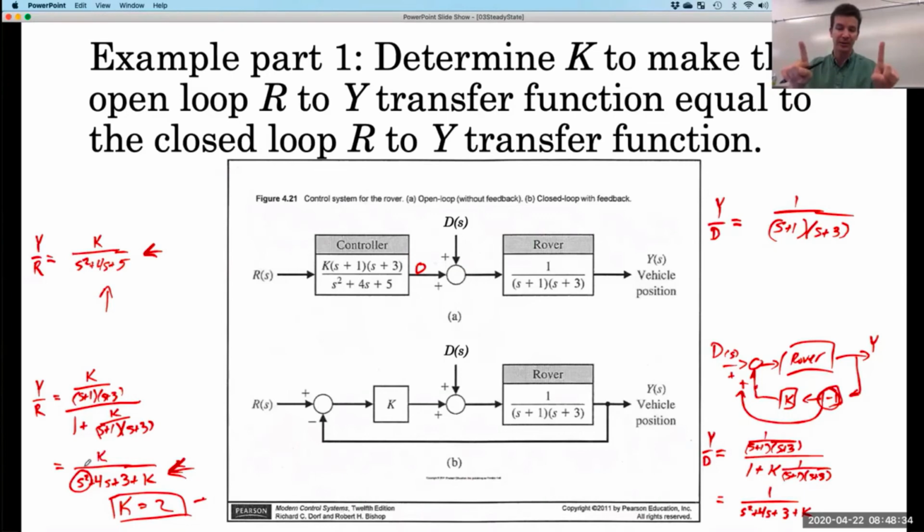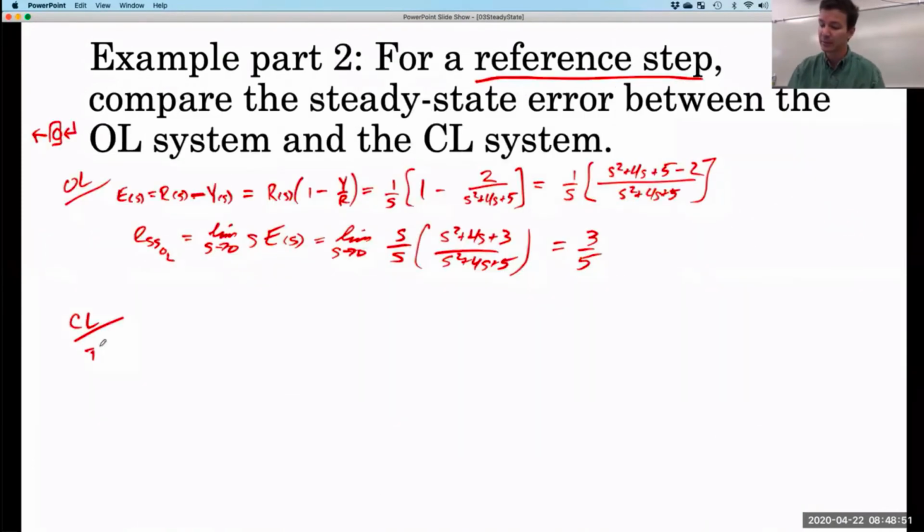They're 2 separate concepts. Your order can never be any lower than your type number, but let's forget about that. The order of a system is not the type of the system. The type of the system is the number of poles at the origin. In this case, we have a type 0 system.